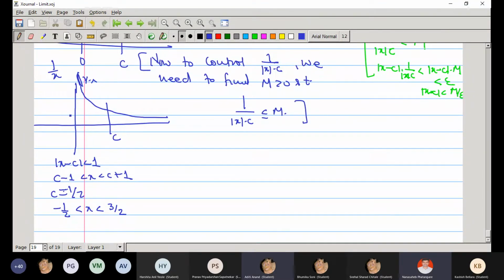In this interval, minus half to 3 by 2, if you go closer to 0, the function becomes uncontrollable. So we have to be very careful while controlling x. What restriction should I put on x so that x lies in a suitable range? I will put this restriction.